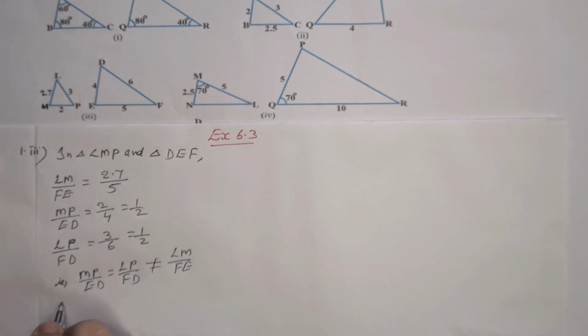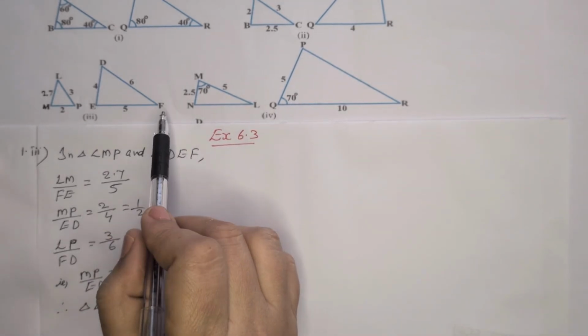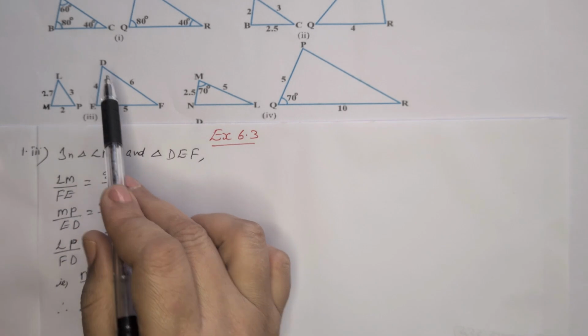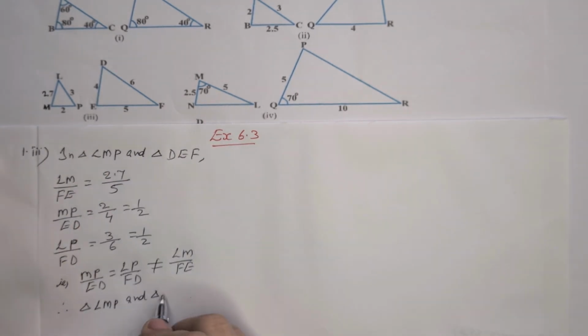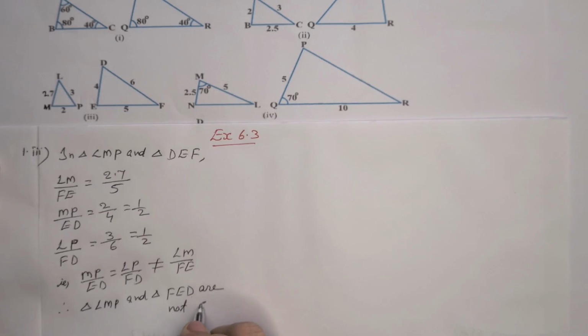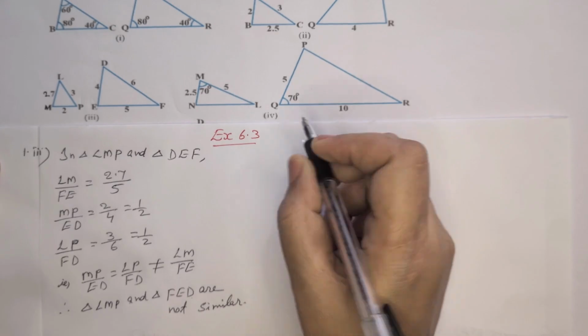Therefore, we can write these two triangles, triangle LMP and triangle FED, when we are taking the same way, we had to name the second triangle FED, are not similar.